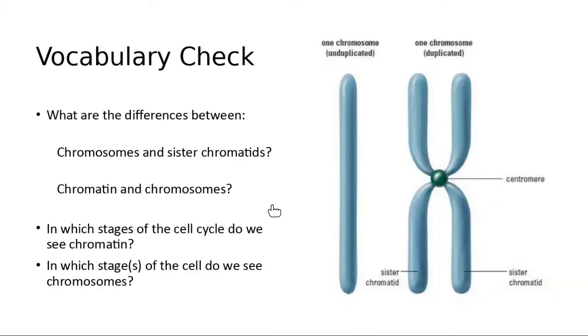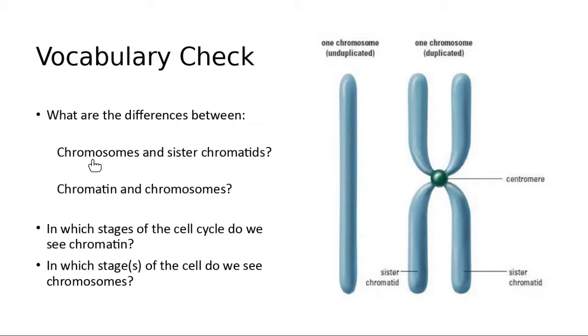Okay, vocabulary check. So here's something that's a little bit more familiar. What's the difference between chromosomes and sister chromatids? Isn't a chromosome 2 sister chromatids put together?